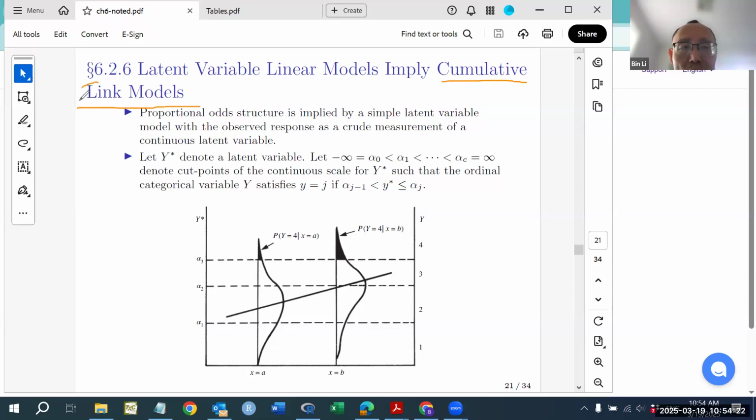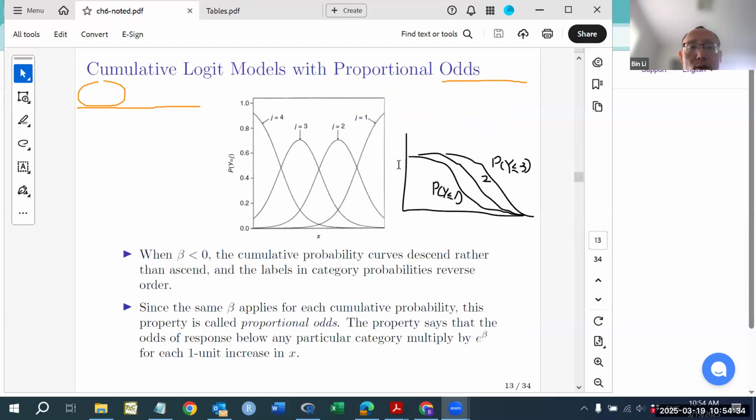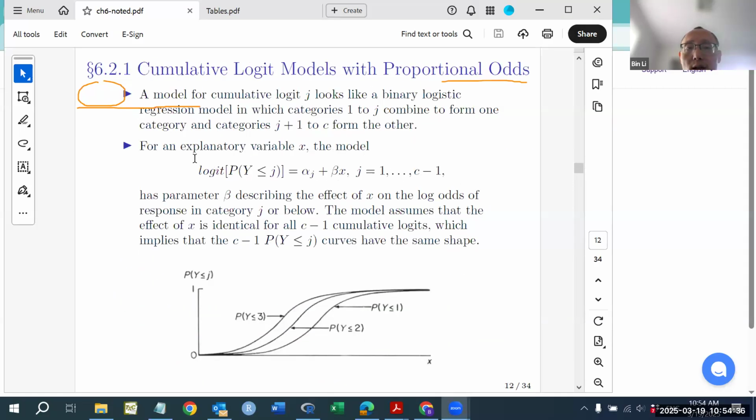Now it's changed. Why is it link? Because don't forget, here for the cumulative logit model, if you go to, let's see, where is it? Yeah. We use the logit equal to that.